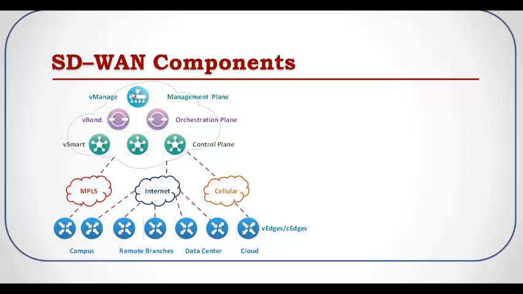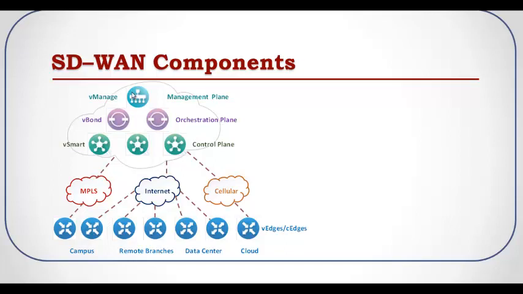We are talking about a virtual topology on top of a physical topology. Physical topology is the WAN connections, the internet, the MPLS, over which a tunnel is now established between the edges.